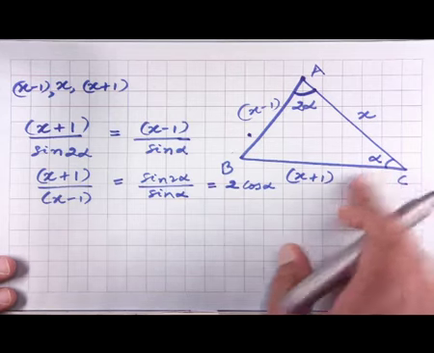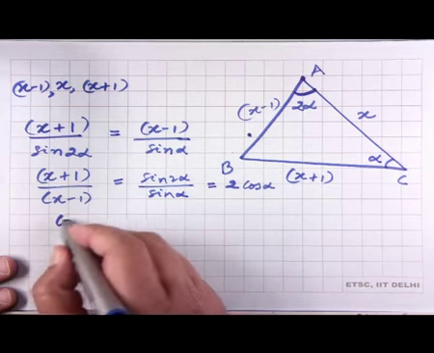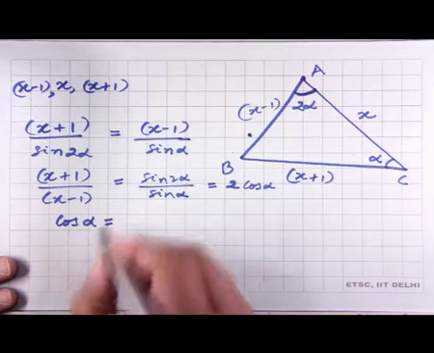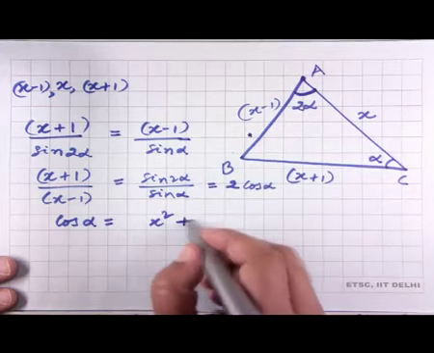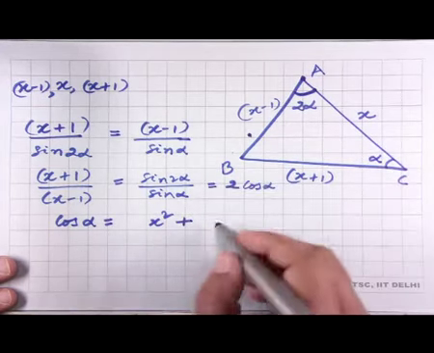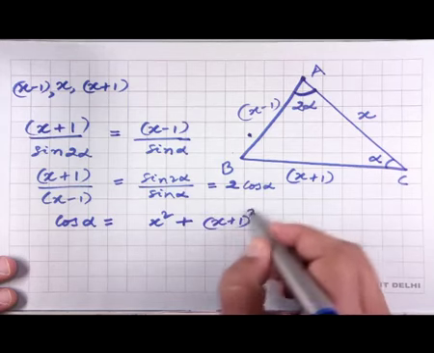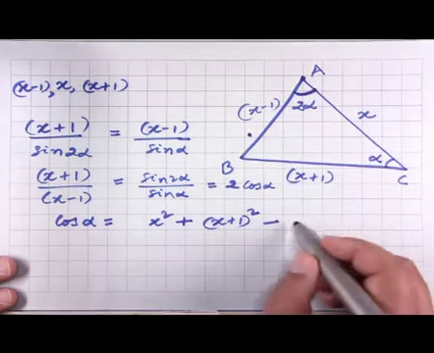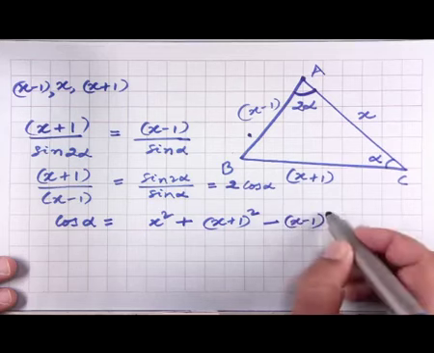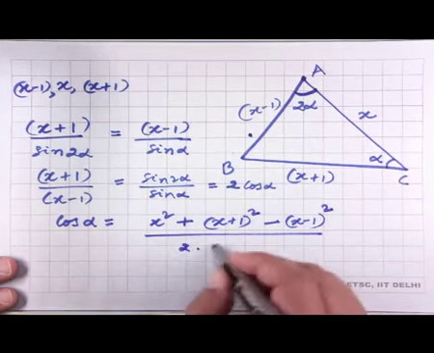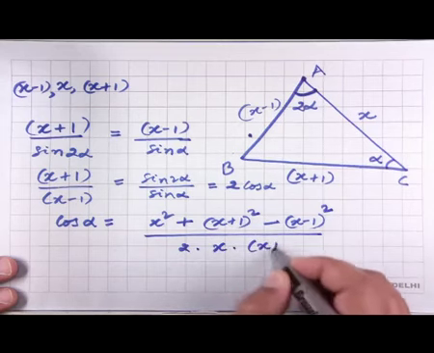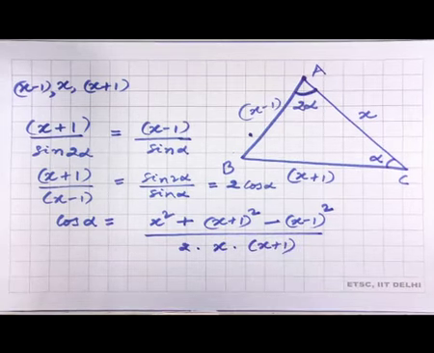And then let us apply the cosine law to this angle alpha. From the cosine law, cos of alpha is equal to x square plus x plus 1 whole square minus x minus 1 whole square over 2 times x times x plus 1.